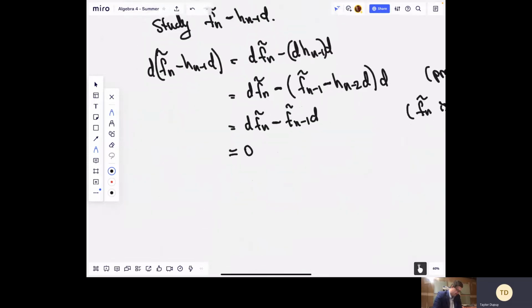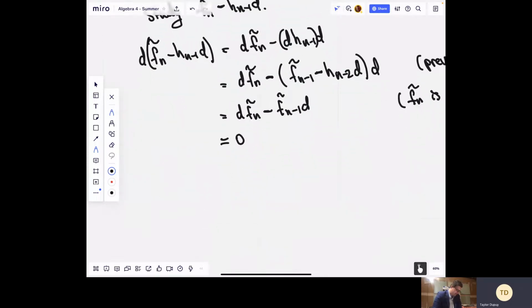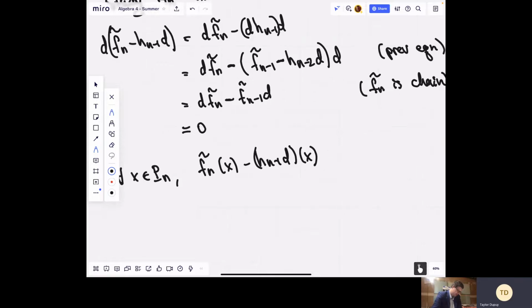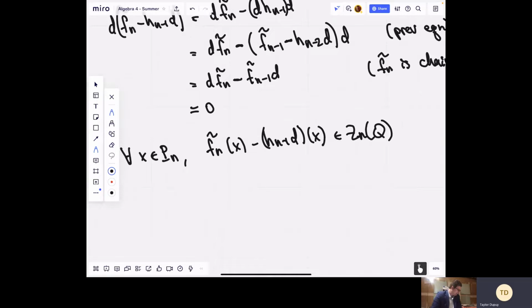Now we have a situation similar to the base case. It says that for all x in Pn, Fn tilde of x minus Hn minus 1D of x is an element of Z and Q, so D of it is going to be 0.